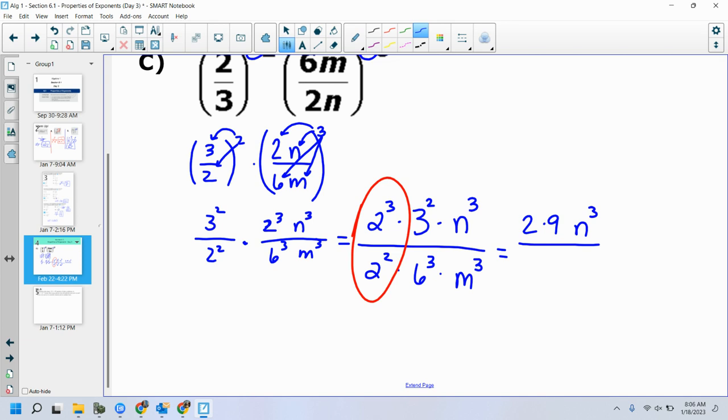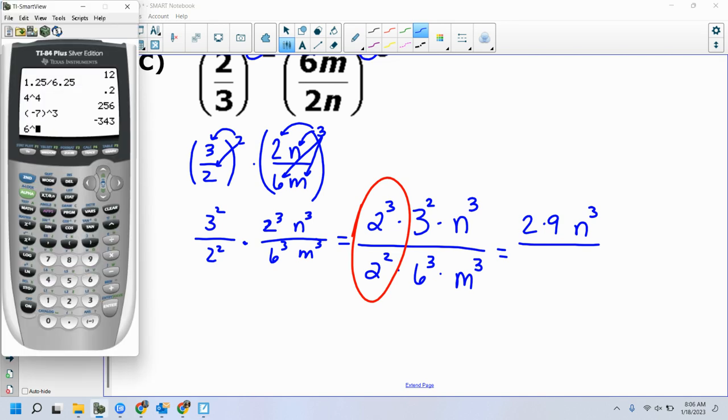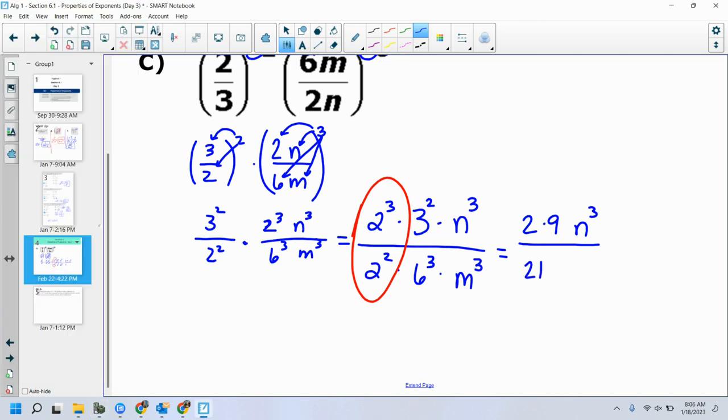Now I don't know that offhand. 6 to the third, that's a big number. 216. m to the third. Okay, so 18 n to the third over 216 m to the third.